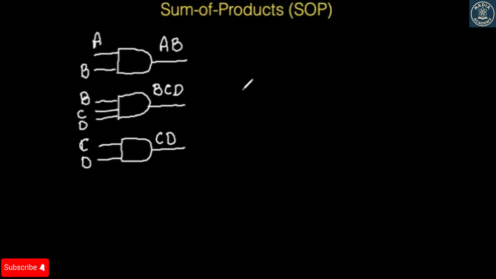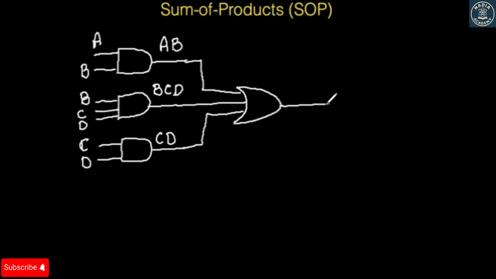Now, if I connect these three AND gates with one OR gate, the output of each AND gate is an input of our OR gate. What will be the output of this gate?